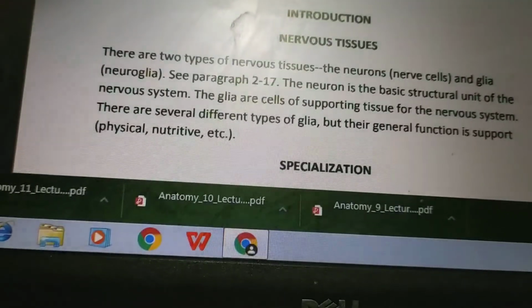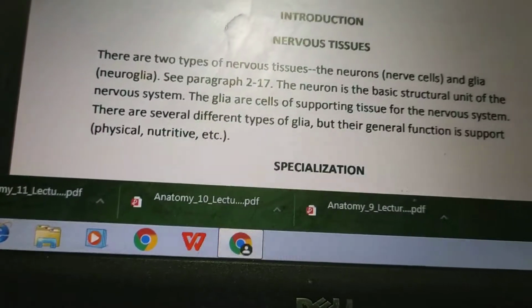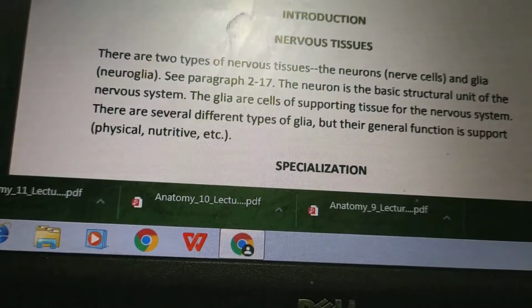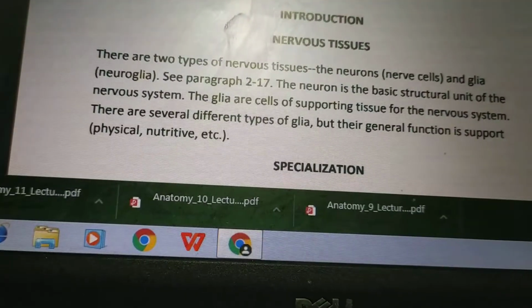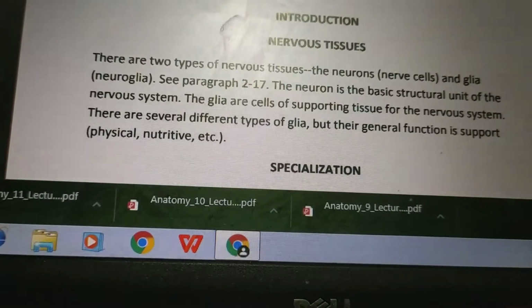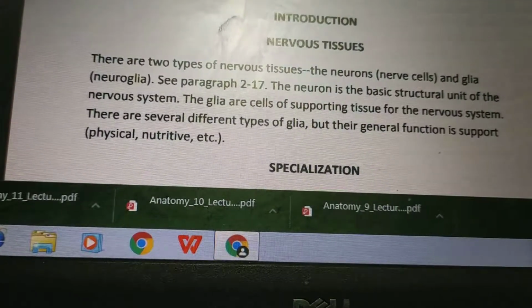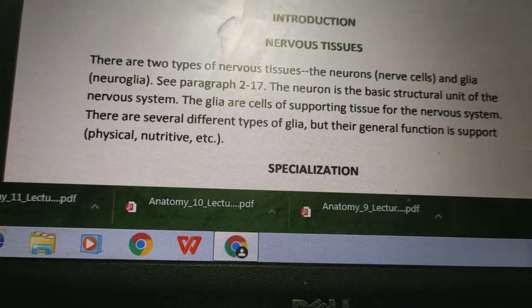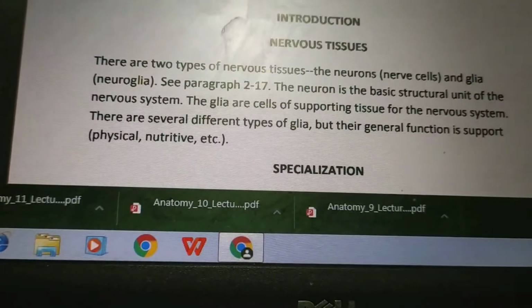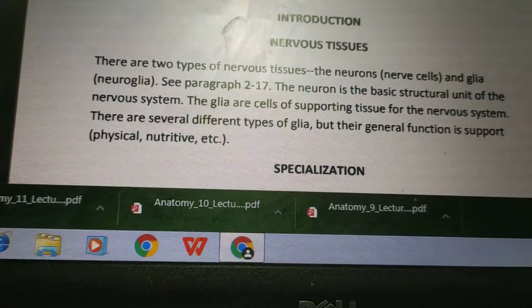Nervous tissues. There are two types of nervous tissues. One, the neurons, we can say nerve cells, and second is glia, which is neuroglia. Neuron is the basic structural unit of the nervous system. Glia are the supporting tissue of the nervous system.